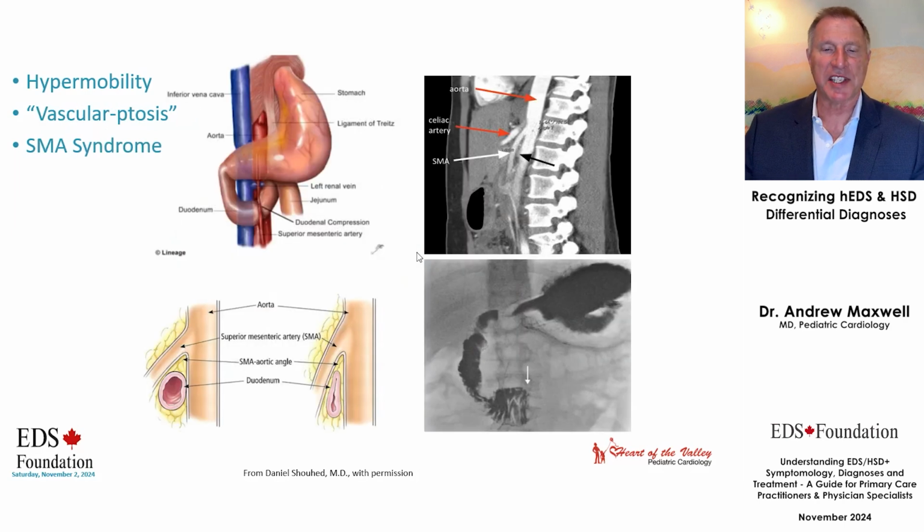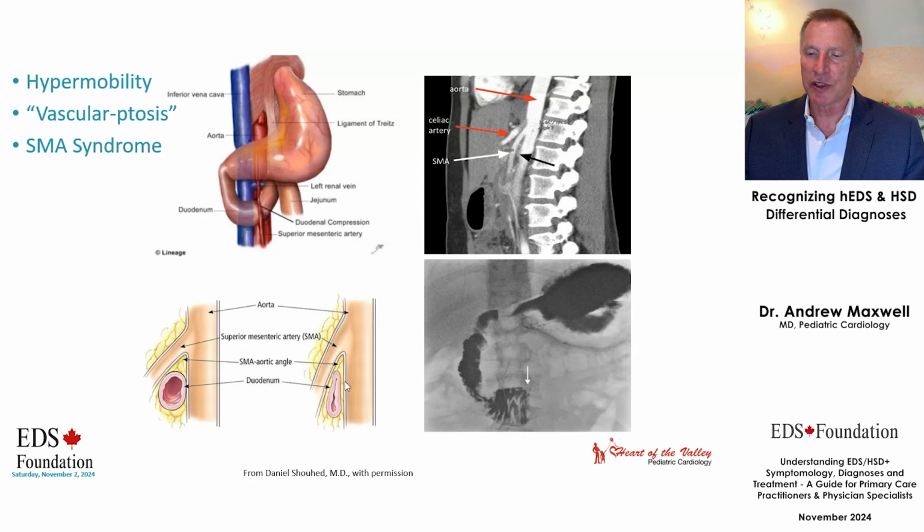Slightly further down is SMA syndrome, a sagging of the superior mesenteric artery, often because of loss of fat between the aorta and the superior mesenteric artery, compressing the duodenum. And that can be suspected when these patients, maybe 30 minutes after eating, have abdominal pain, not in the epigastric region, but a little bit lower, closer to the belly button, in the midline, as opposed to being slightly off to the left with MALS.